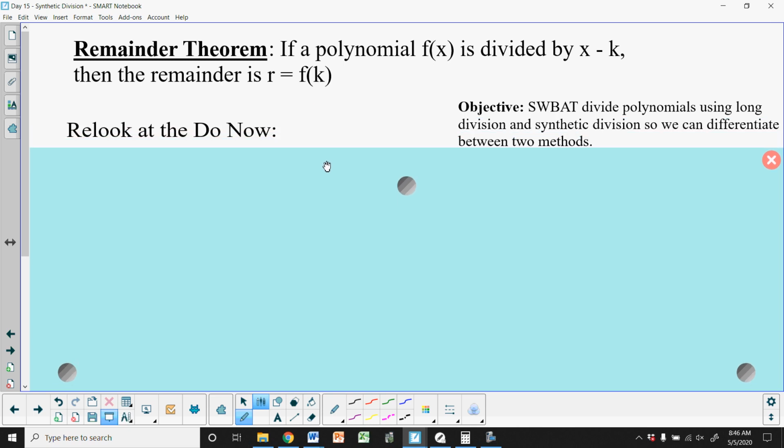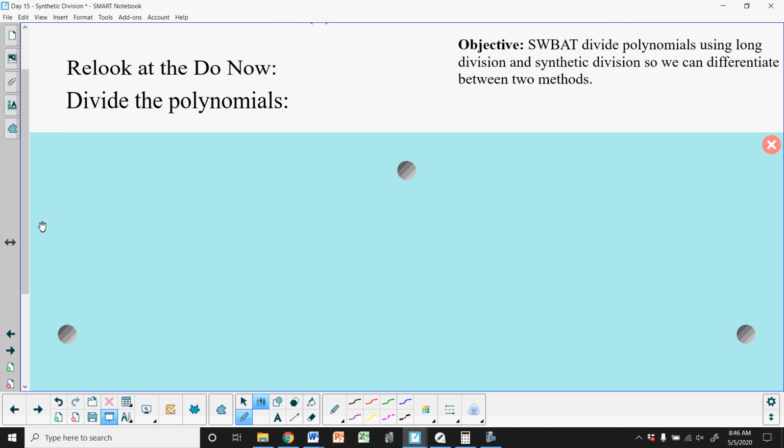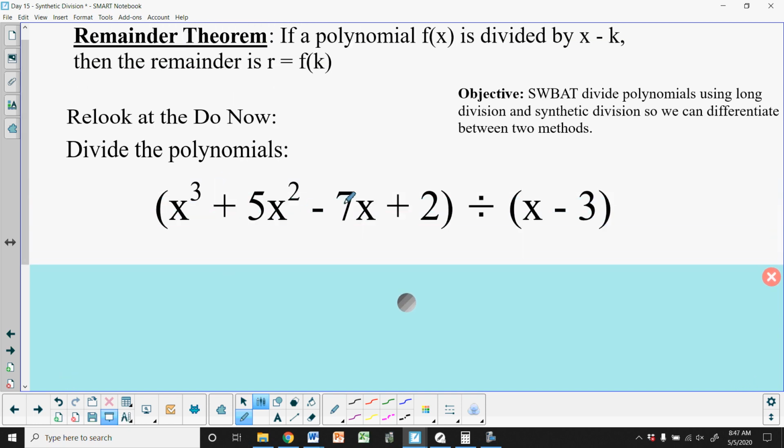So let me leave that part up there. When we divide polynomials, so this is our polynomial, if we divide it by x minus 3, so this would be f of x divided by x minus 3, then our remainder is really going to be the function substituted with a 3.